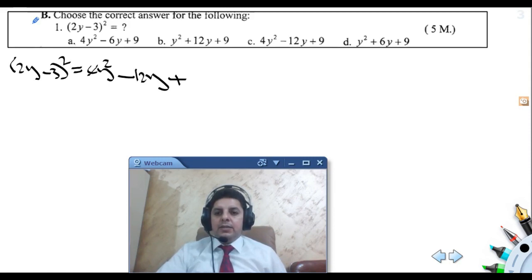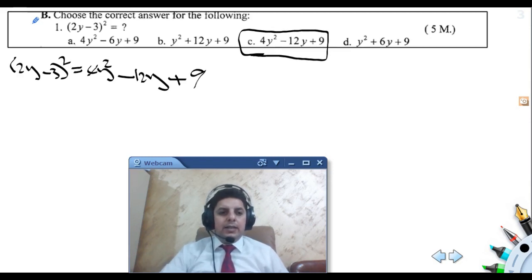Always when the first and second terms have different signs, the middle sign is negative. Then the second term squared, 9. So 4y squared minus 12y plus 9. Then the correct answer is C, 4y squared minus 12y plus 9.